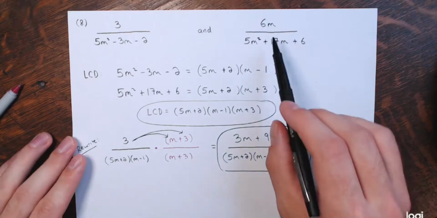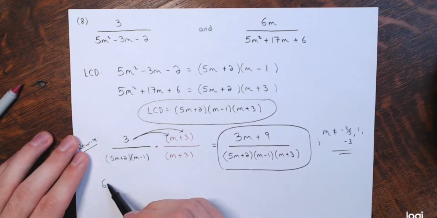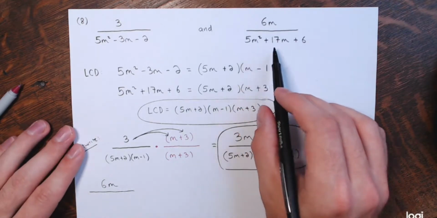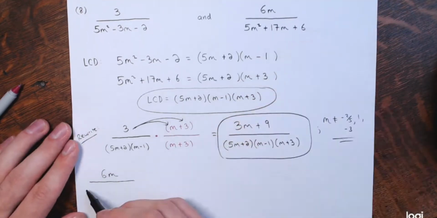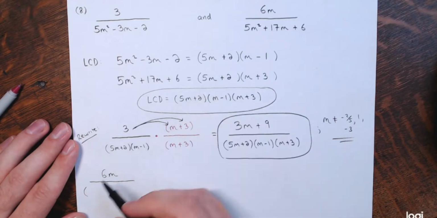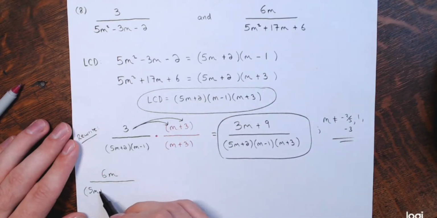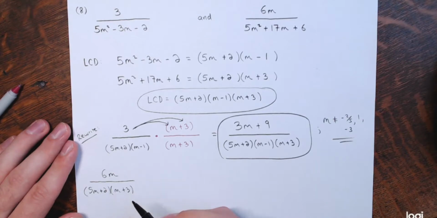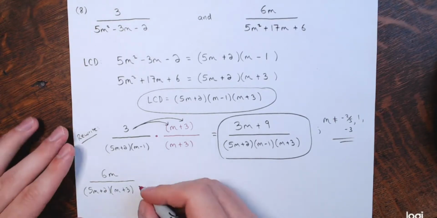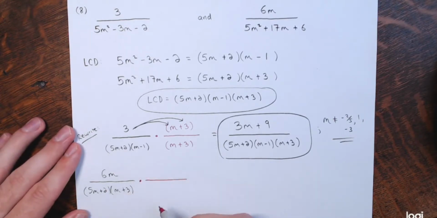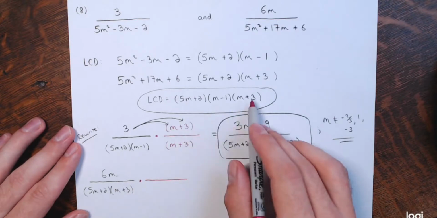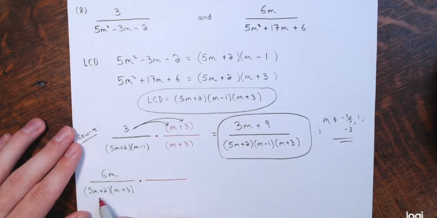All right, and finally, the second fraction, I got 6m in the numerator, 5m squared plus 17m plus 6. I'll write that in factored form as 5m plus 2 times m plus 3 in the denominator. And to get an equivalent fraction, with the denominator being the LCD, I need to do the following.